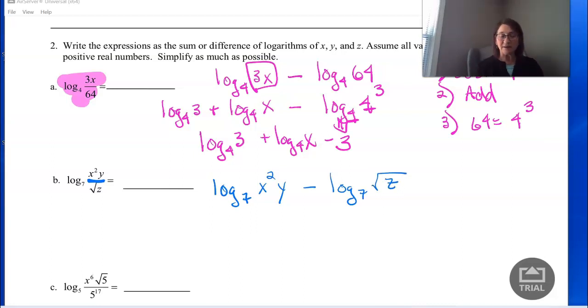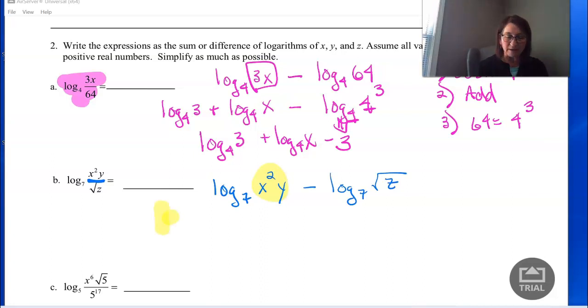The factors in that first log can be separated using the product property of logs, and that makes us add those 2 together.